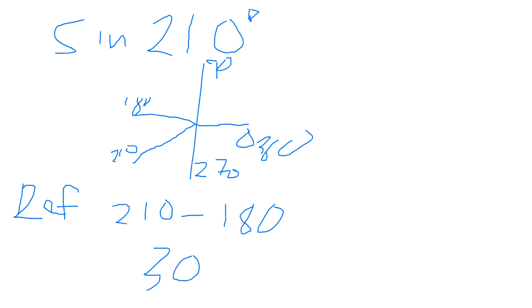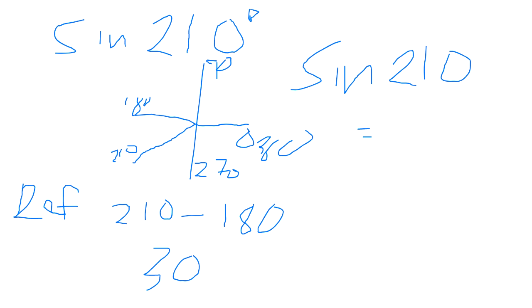So our reference angle is 30. So we are not going to find sine 210, but we are going to find sine 30, because our reference is 30. Now, if you can find sine 30 on the calculator, you are going to get root 3 over 2.